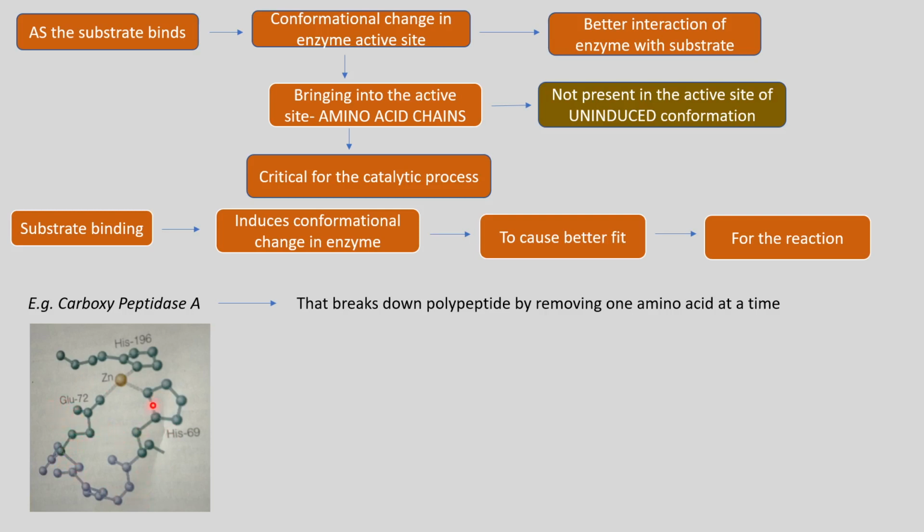There are many amino acids present, but the important amino acids that we need to look into are the glutamate residue at position 72, histidine at position 196, and another histidine residue at position 69. So there are three amino acid residues present in carboxypeptidase A. Also take a look at the prosthetic group, which is zinc.